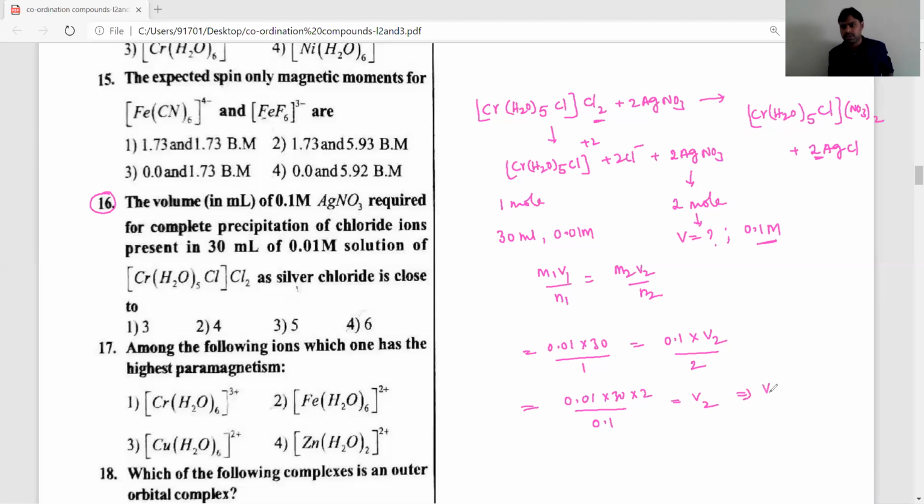Therefore, V2 is equal to 6 ml. Upon simplification, we will get 6.